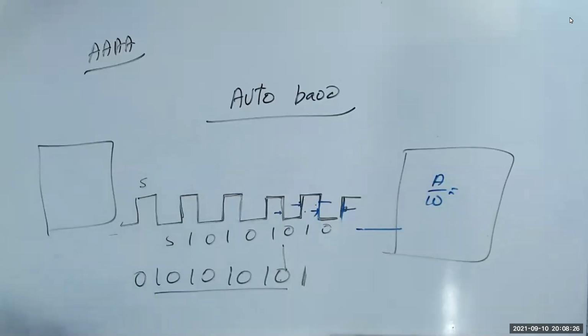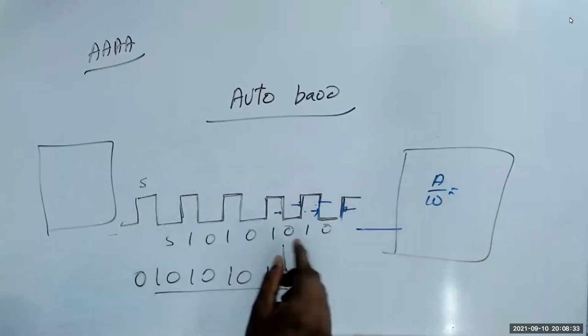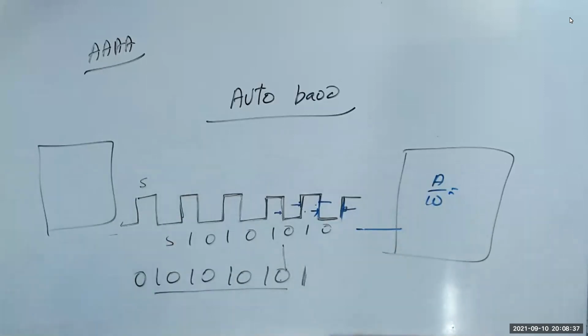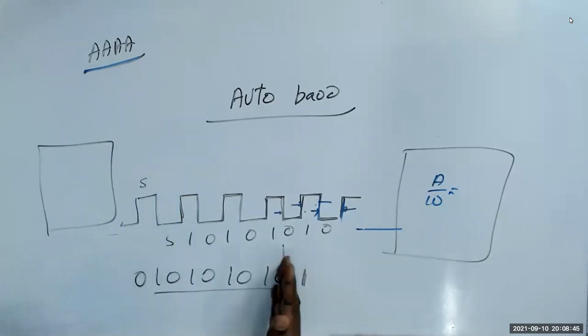Then you will get the baud right. Even if there's a small deviation, since I take the average and not only one, it'll accumulate. This is what they do with auto bauding. So when I transmit AA, it automatically becomes a clock.